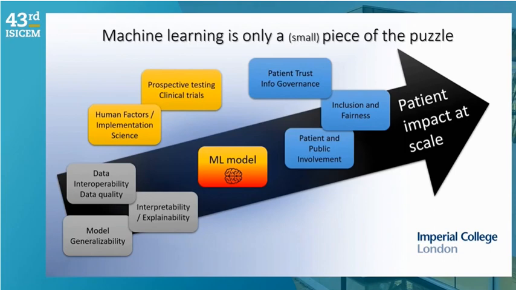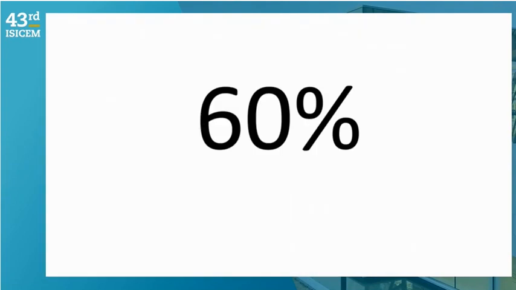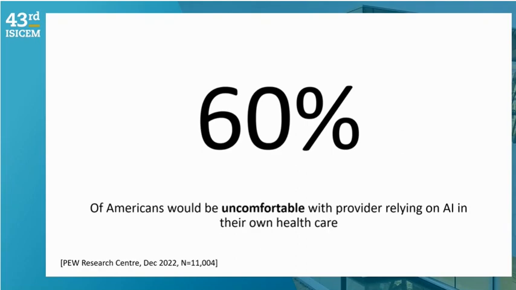Next, items around information governance, trust of patients, inclusion, algorithmic fairness, involvement of members of the public in research. This is all critical. Here's another number for you, 60%. That's the percentage of Americans who say they would feel uncomfortable with a provider relying on AI in their care.